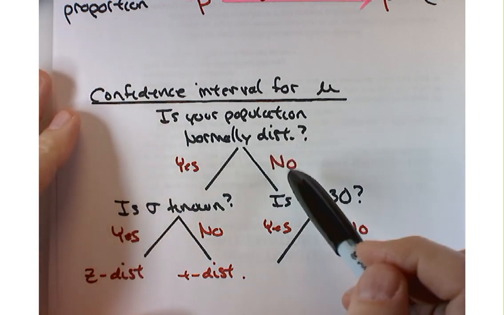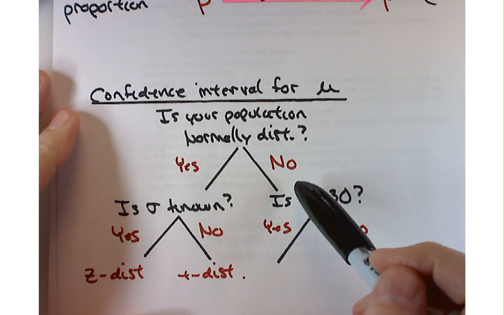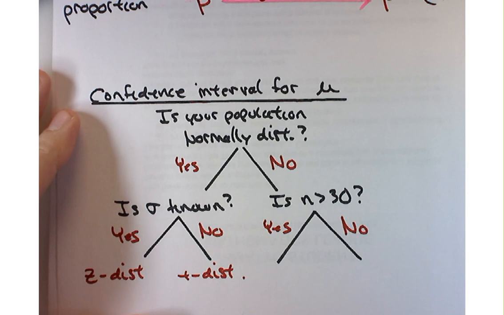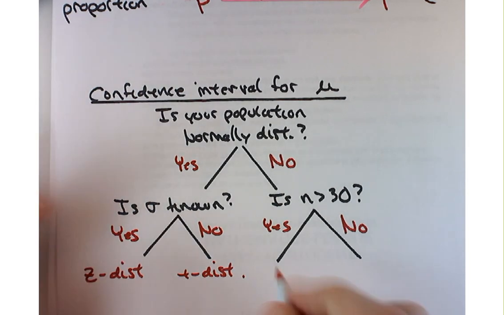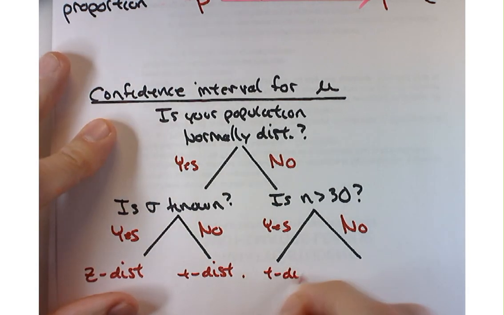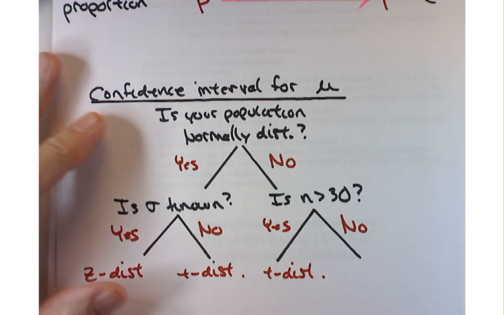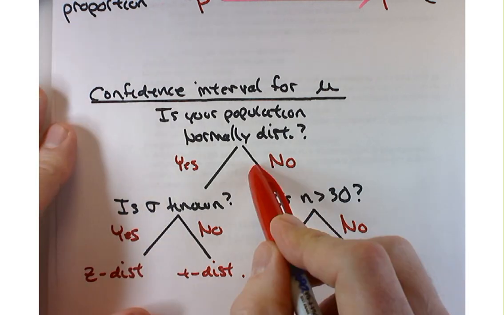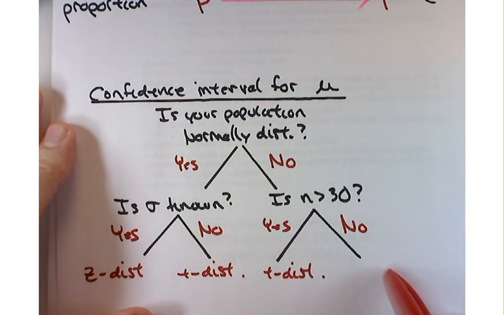How about working down the other path? If you don't have a normally distributed set of data, but your sample size is bigger than 30, then again, you're going to use a t distribution. What about if you don't have normally distributed data and you don't have a sample size greater than 30?